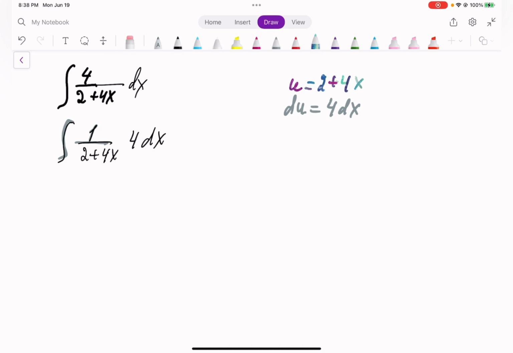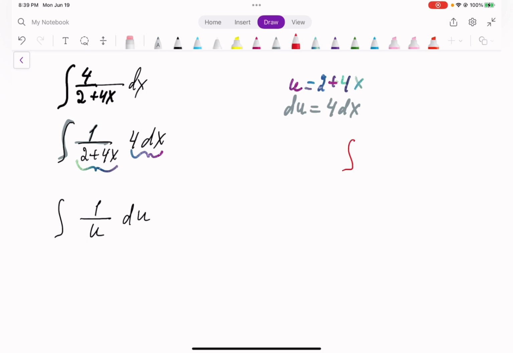Why did I do that? Because for 4 dx I'm going to replace with du, and 1 over 2 plus 4x I'm going to replace with 1 over u. Here is one of the main rules of natural logarithm.